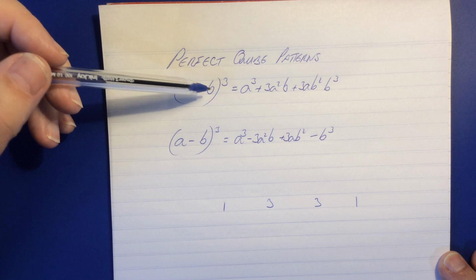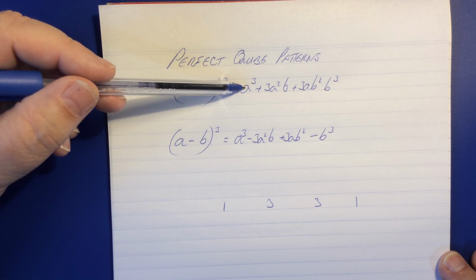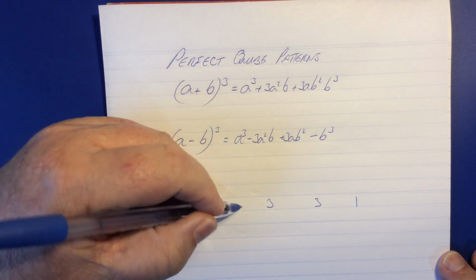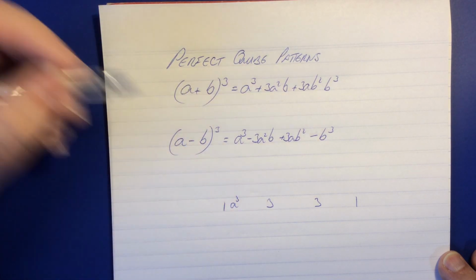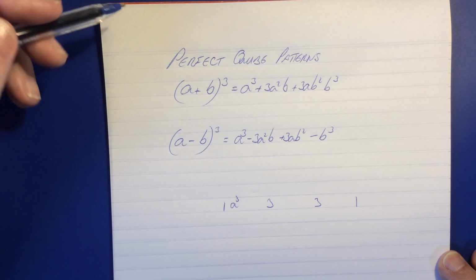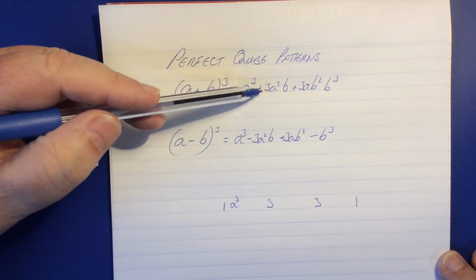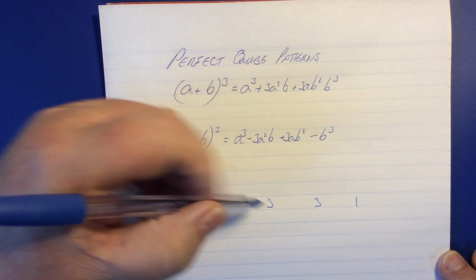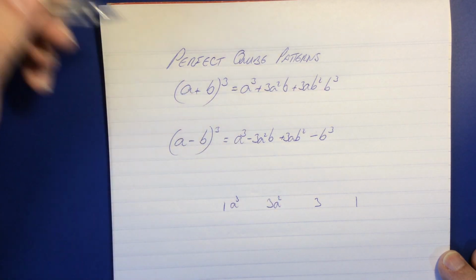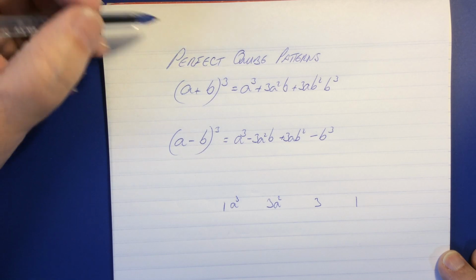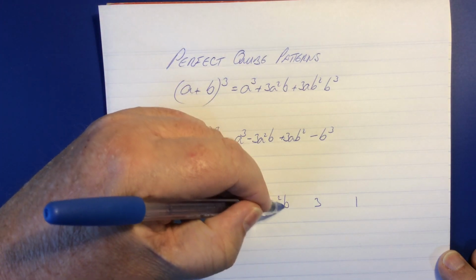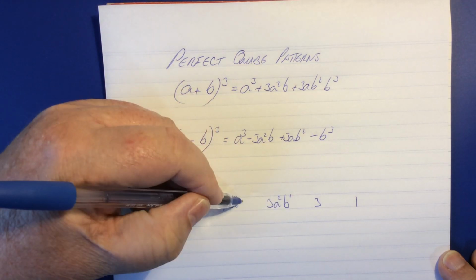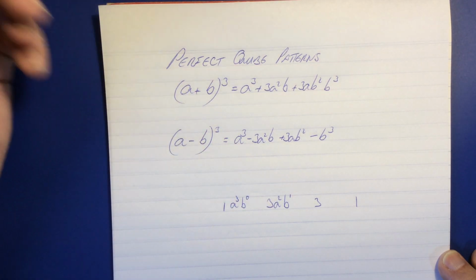Now, the pattern says that the first thing we do is we place a cubed there, and then as we move along, a cubed becomes a squared, and we insert b. That's actually b to the power of 1, and there is a b here, it's to the power of 0.